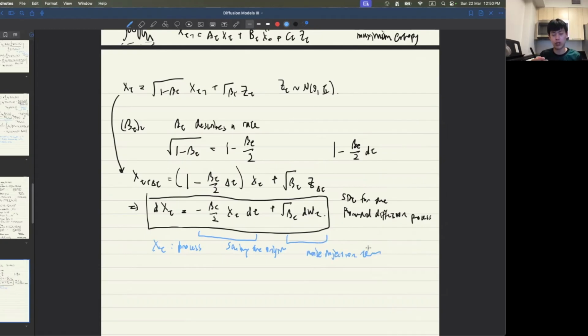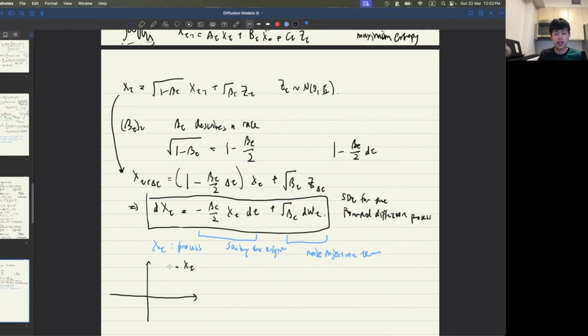w_t is the Brownian motion, dw_t is the noise that's injected at an infinitesimal time step. And these coefficients, meaning the beta_t, just make sure that they scale appropriately. Let me just point out over here that diagrammatically, if we just imagine ourselves in a 2D space, this is really saying, well, our current state can be somewhere here, right, as a vector in 2D, x_t. dx_t is the change in our current state after an infinitesimal time step.